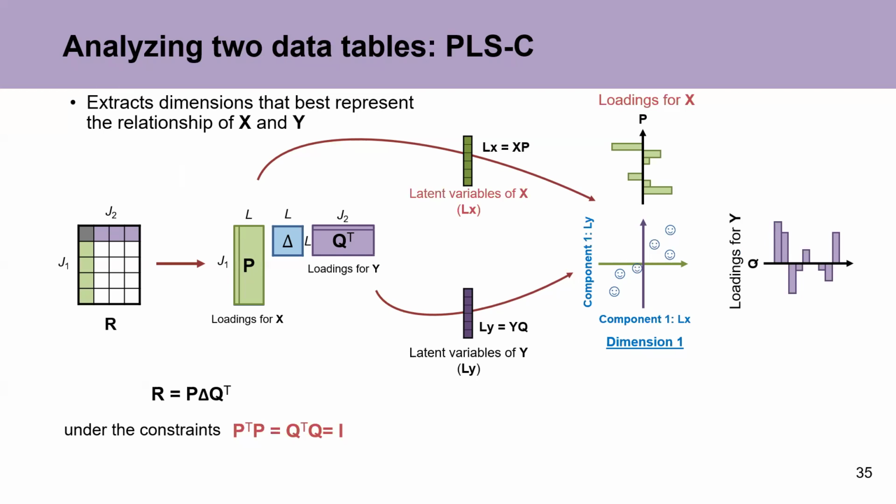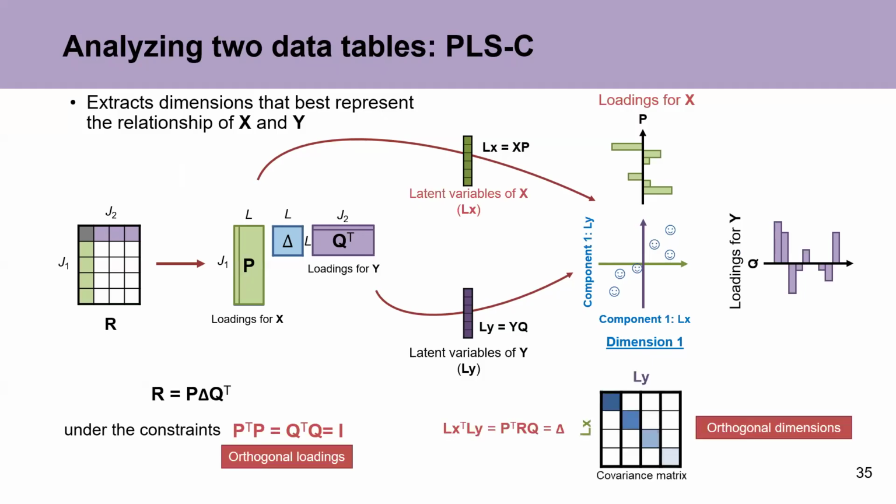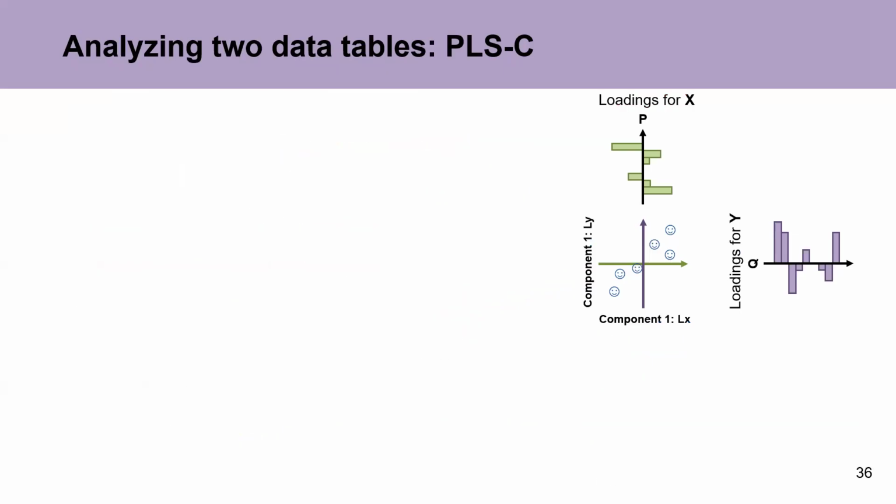Again, the orthogonality is ensured by the constraint in the PCA, and it propagates to how the latent variables are orthogonal to each other. If the orthogonality part is confusing to you, just forget about that. That usually wouldn't bother us when we do the analysis.